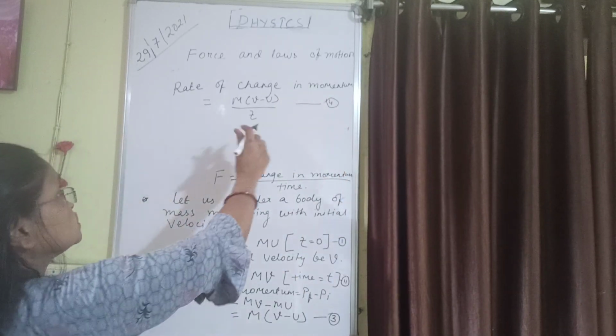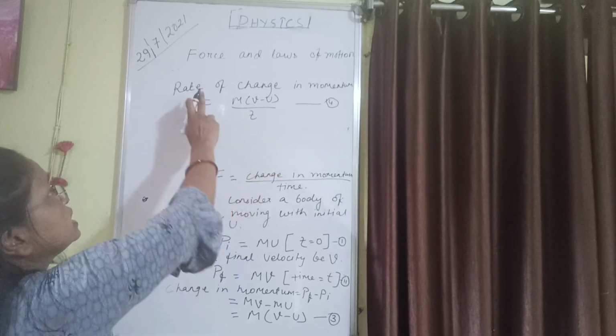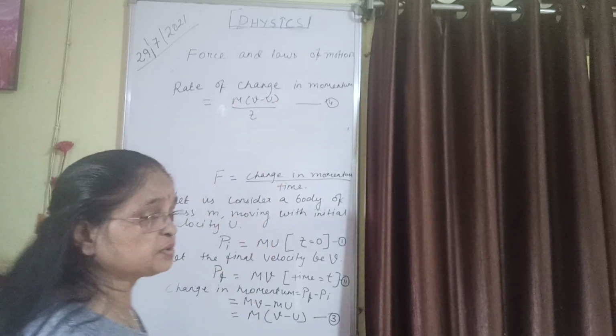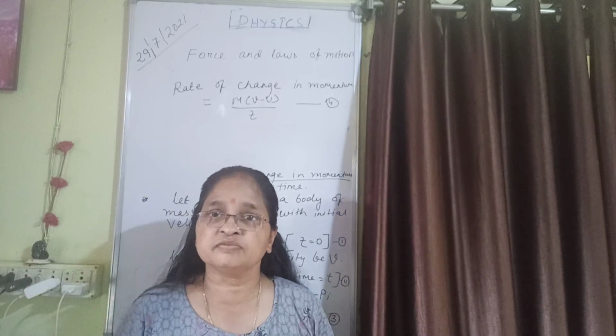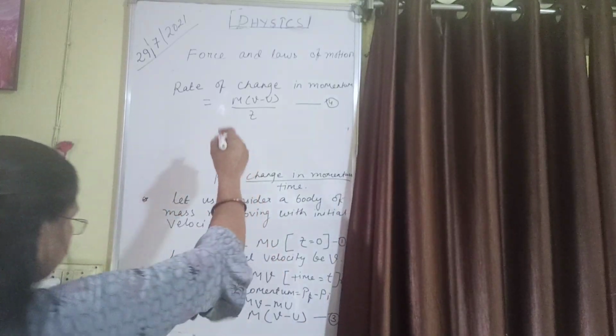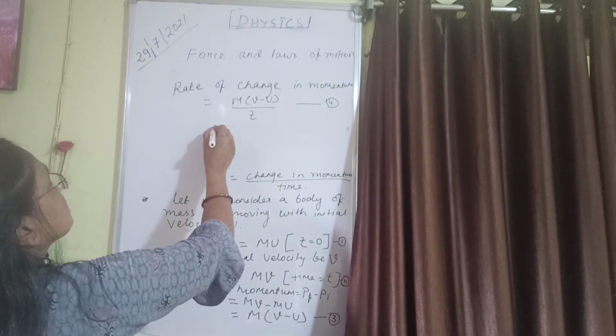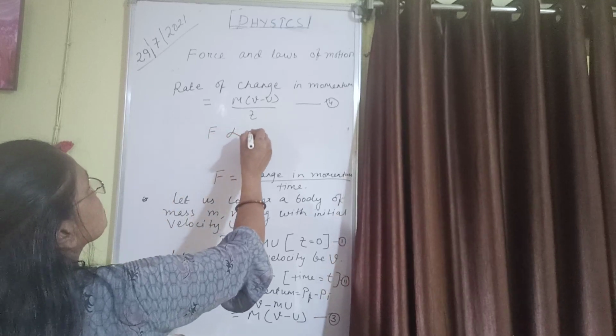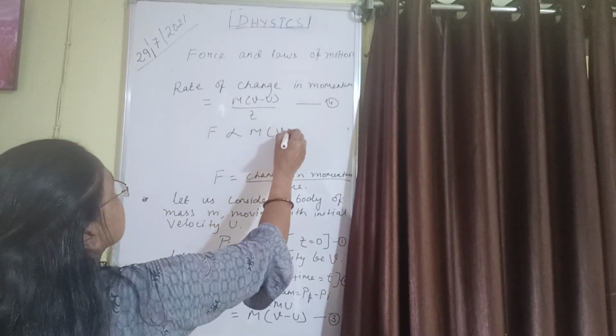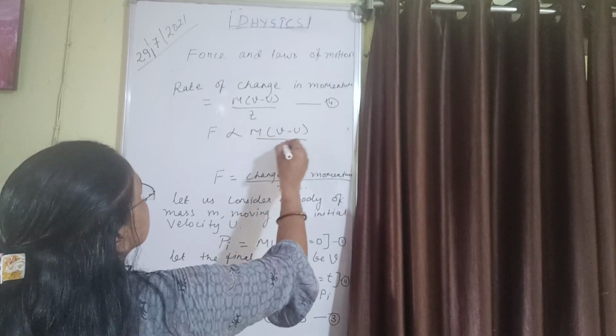Now according to Newton's second law, the rate of change in momentum is directly proportional to the net external force applied. So we can write force is directly proportional to m(v minus u) by t.